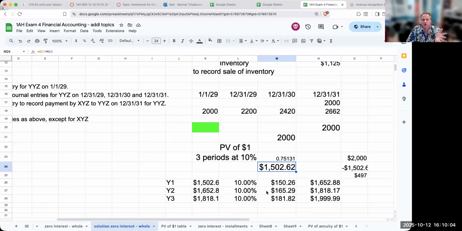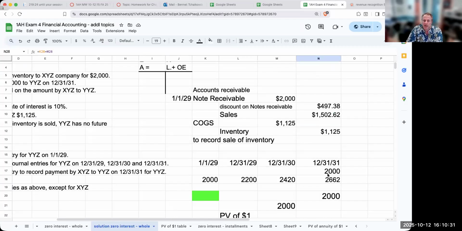How do we know this is correct? Well, if I invest this right now at 10%, I'm going to earn $150.26 in interest. Take that amount and reinvest it the following year at 10%, I get 165.29 in interest. The ending balance, principal plus interest, carries forward; take that balance, multiply by 10%, get the interest earned, and I end up with about $2,000.